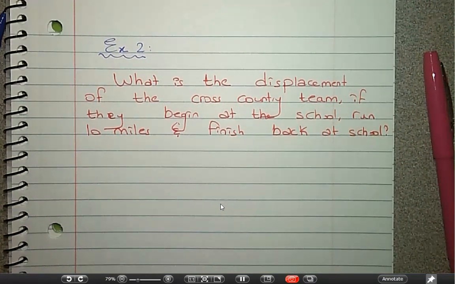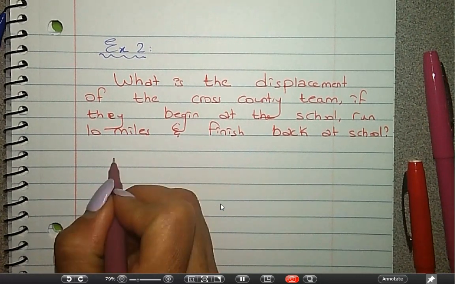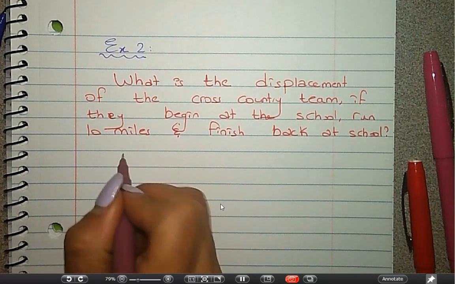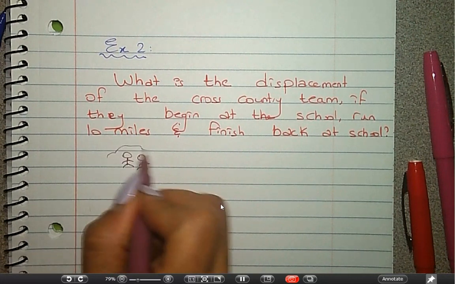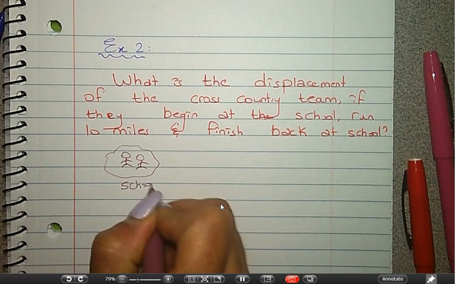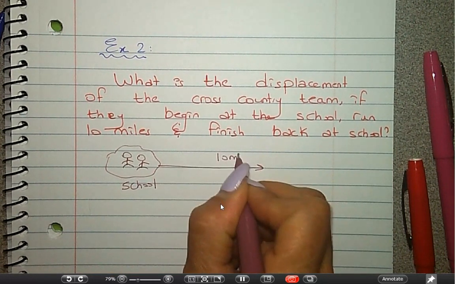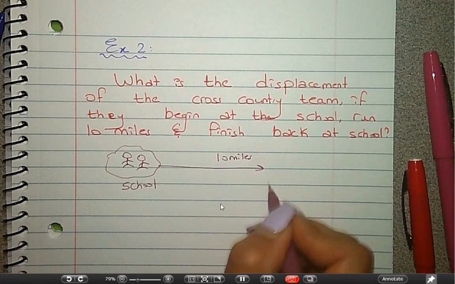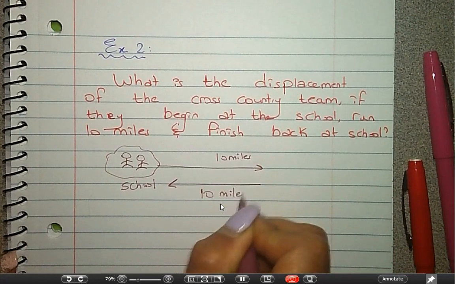So, I always suggest and I encourage you to always sketch it or draw a small diagram. So I got that team right here, however you want to pronounce your team or show your team. That is the team in that bubble. That team went from the school 10 miles. And then they went back to school 10 miles.